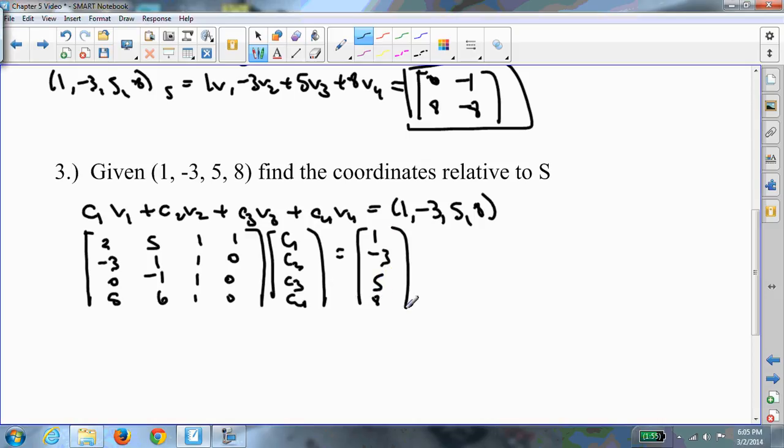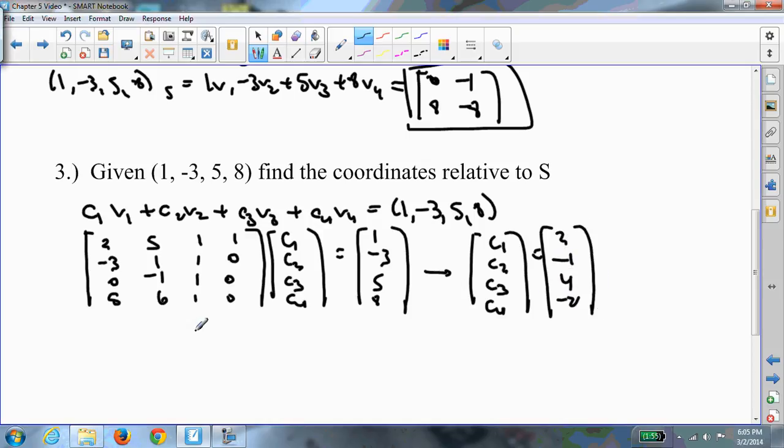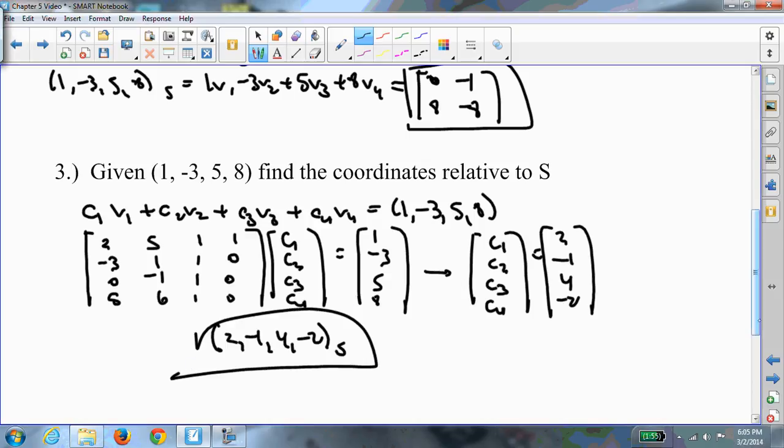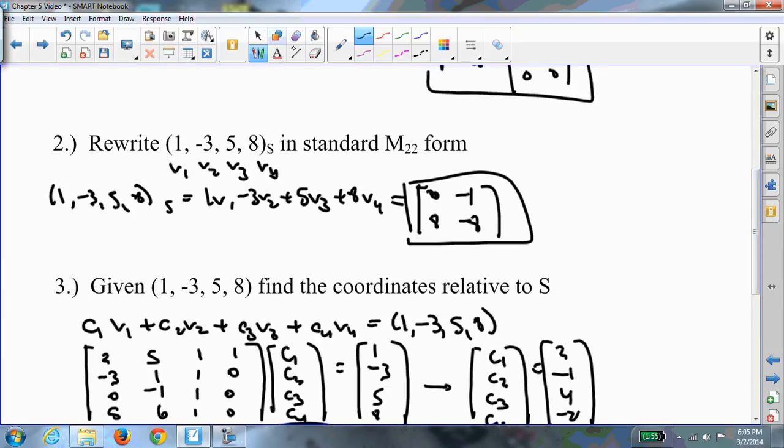And if I solve this, I get C1, C2, C3, and C4 to equal 2, negative 1, 4, and negative 2. So my coordinates relative to S are 2, negative 1, 4, negative 2 relative to S. And actually, I need to go back here and fix this because this is a coordinate system.